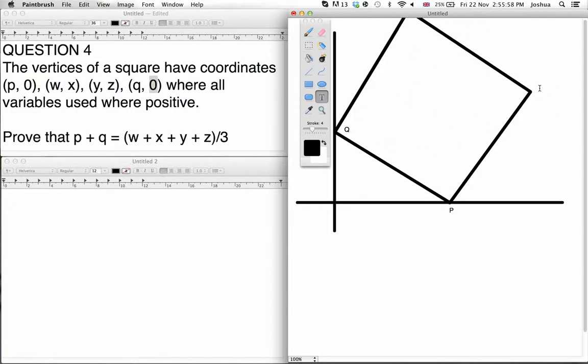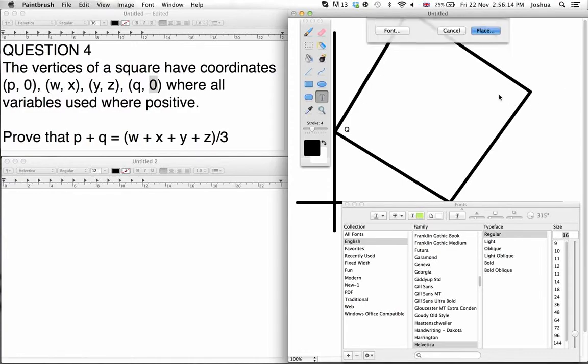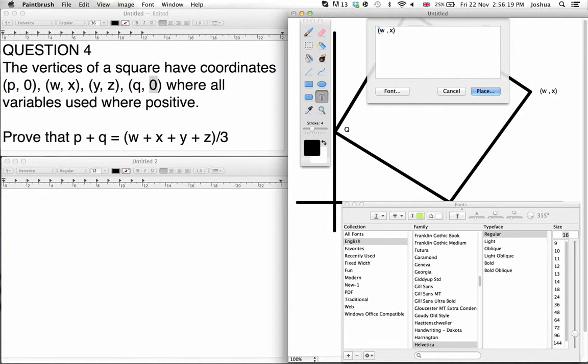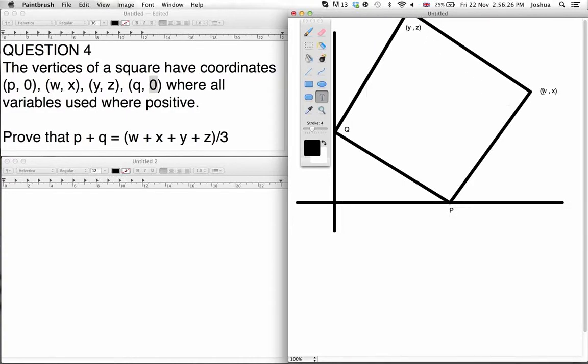I always thought anti-clockwise, and then here in this country is counter, or is it in America? I don't know, guys. Okay, so P is (p, 0). Yeah, so then we know that this coordinate must be (w, x). Place that there, and that coordinate must be (y, z). And there we go. We got everything we need.